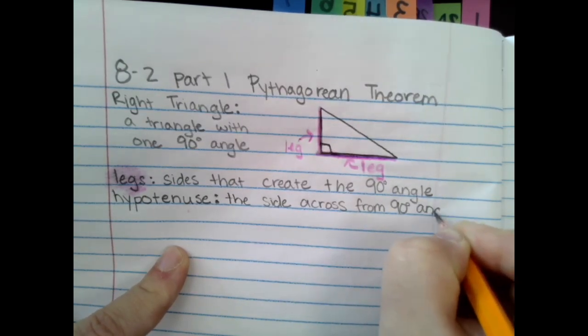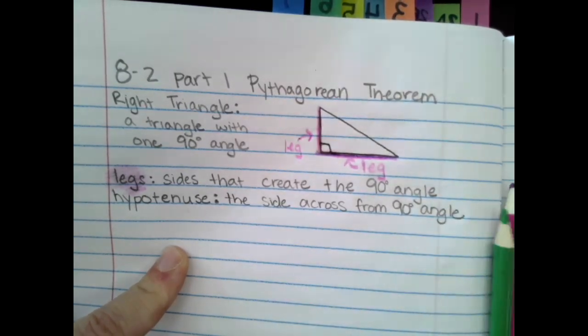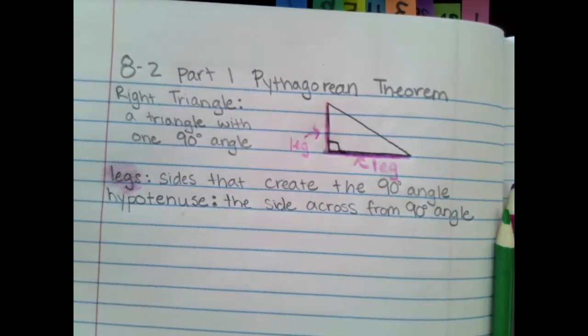So if you see the box, you just have to look across it. That's the hypotenuse.